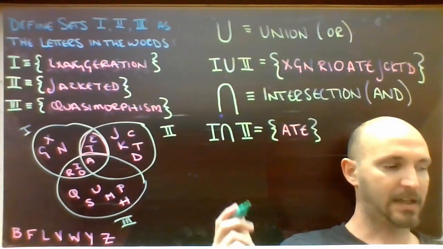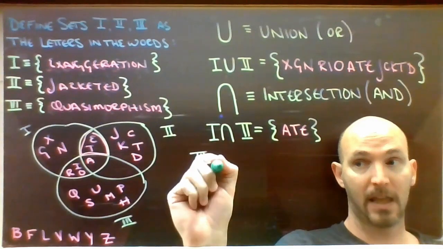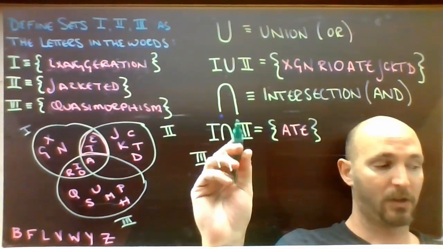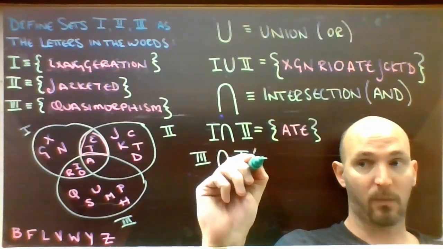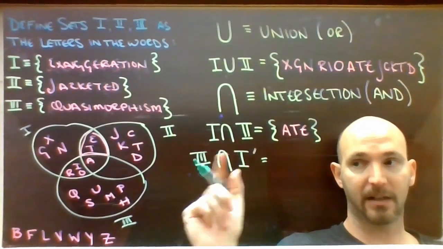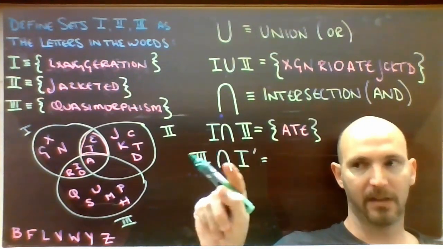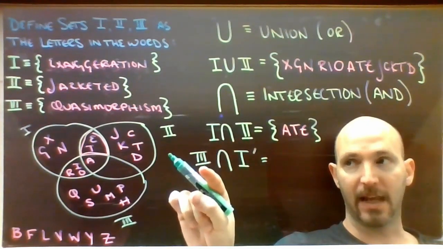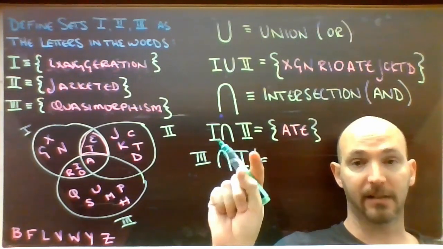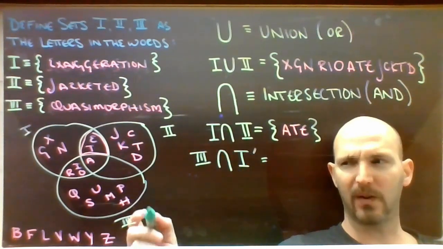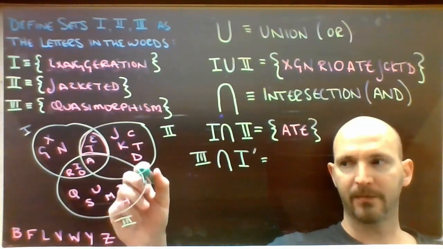Next one I want to try is set 3 and not in set 1. So you see this little thing here? Whenever I put a little dash on it, it means not in that one. So I want to find all the letters that are in quasimorphism and not in exaggeration. So if I find those letters here, here's my circle for quasimorphism.